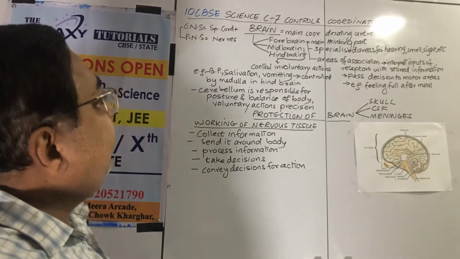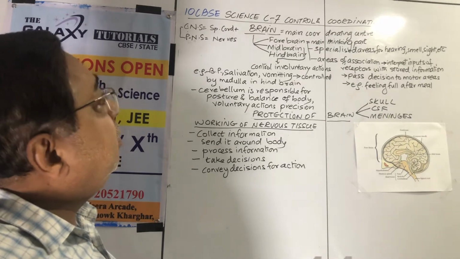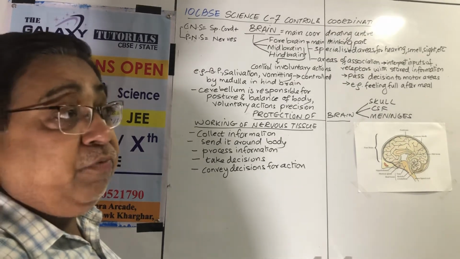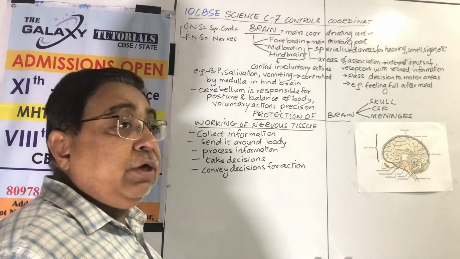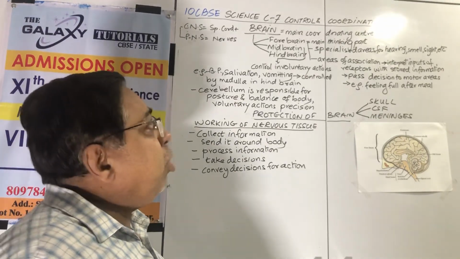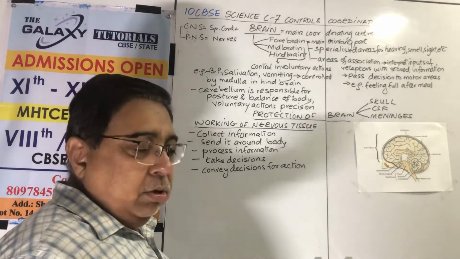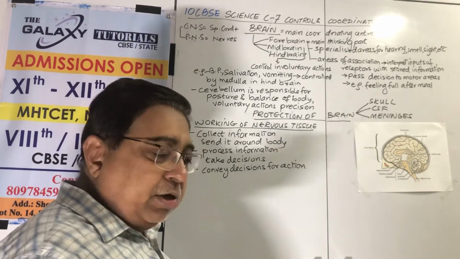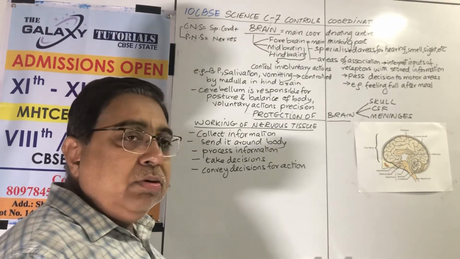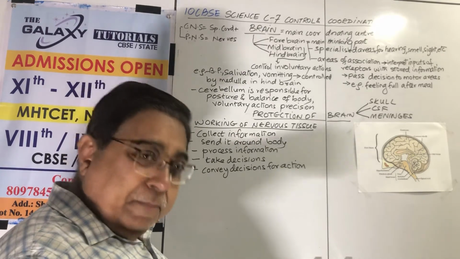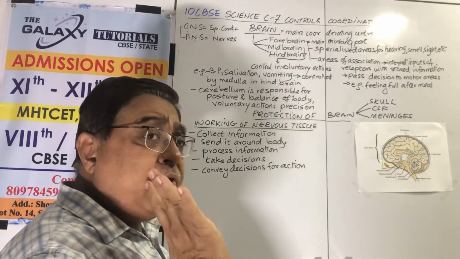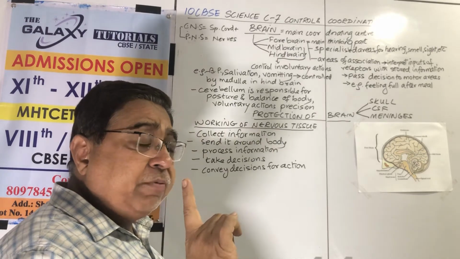Then we have association areas, local areas which are focused on a particular job. These take input from the receptors: light, vision, heat, temperature, noise, sound, touch, pressure. One center does only one type of job.